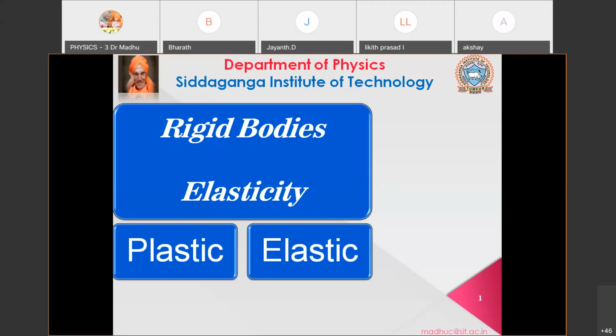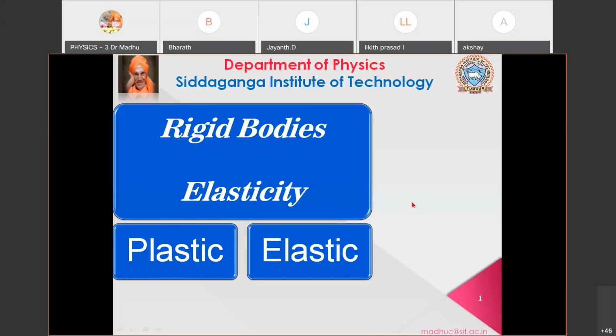That means you apply pressure on the steel rod or steel bar, and if you don't cross the limit, something called the elastic limit, which you will come to know later, then if you remove the applied load, your stainless steel rod or bar will come back to its original shape and form. So that is your elastic.